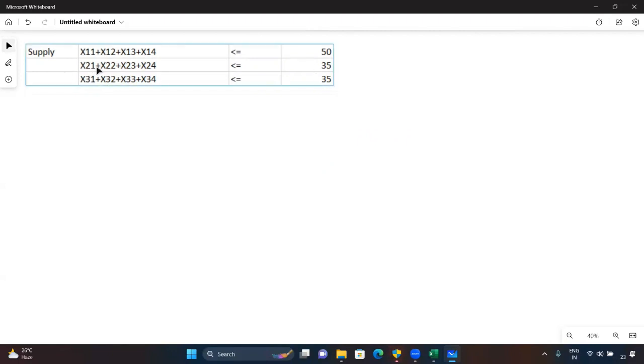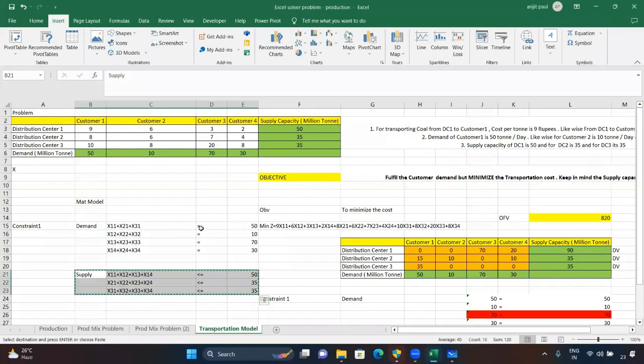So here we have mentioned x11 plus x12 plus x13 plus x14. Okay, so which is the x11? This is the x11: distribution center 1 and customer 1, and that is why we have referred to this cell as x11, plus x12. X12 is distribution center 1, customer 2.